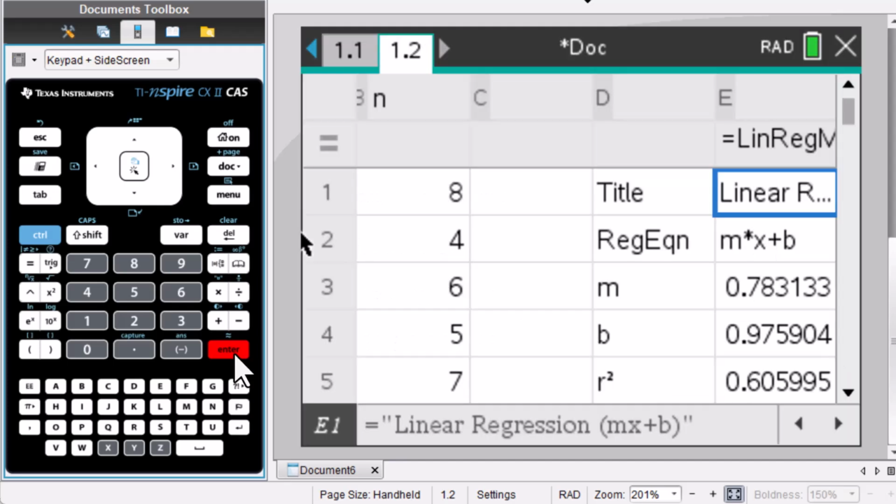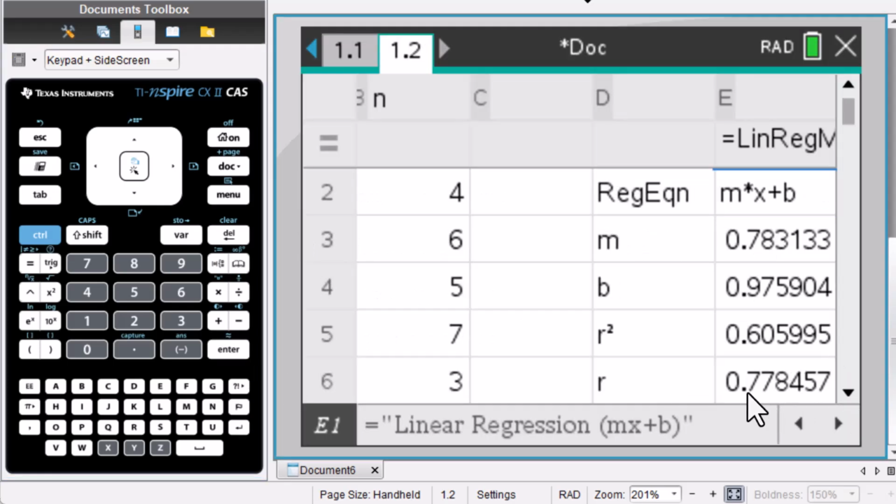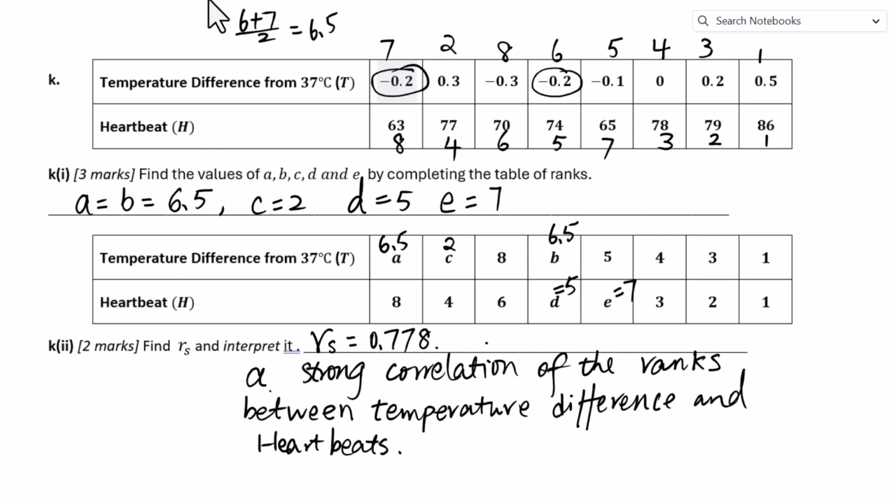Then enter. We got this R sub S equals 0.778, which means a strong correlation of the ranks between temperature difference and heartbeats.